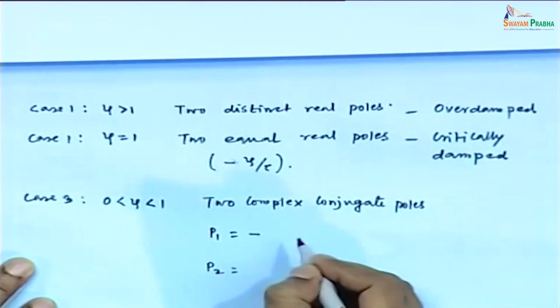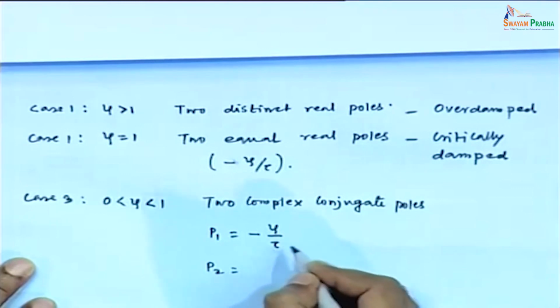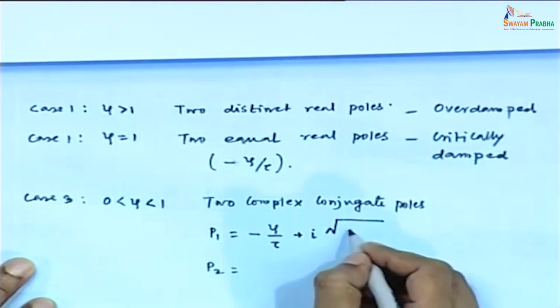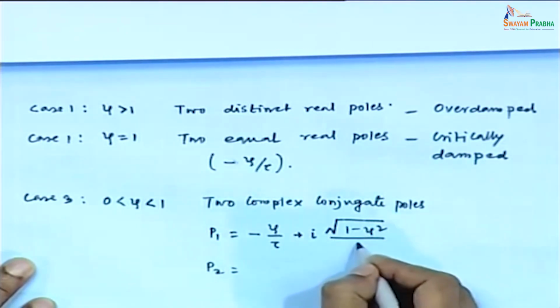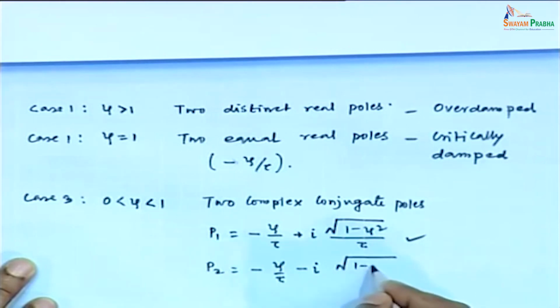The expression for P 1 is this one: P 1 equals minus zeta by tau plus i root over 1 minus zeta squared divided by tau. Another pole is minus zeta by tau minus i root over 1 minus zeta squared divided by tau.